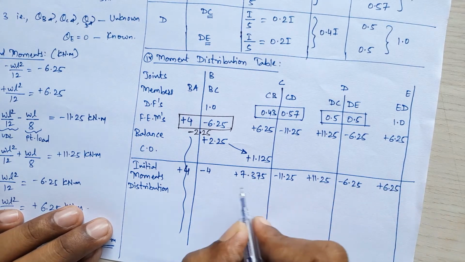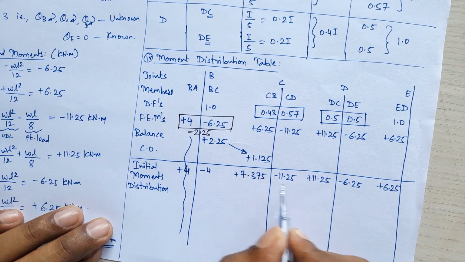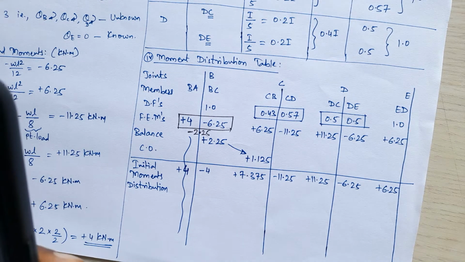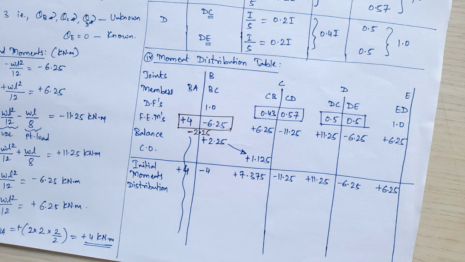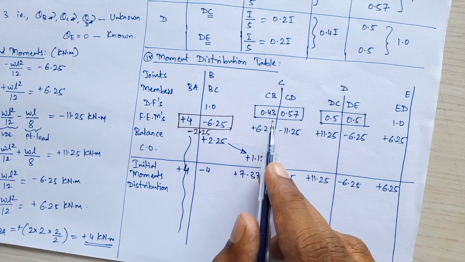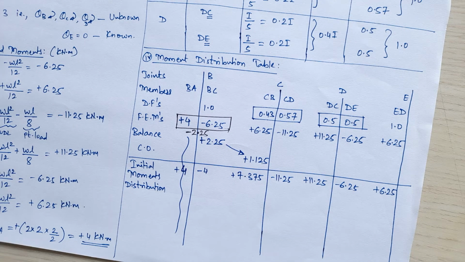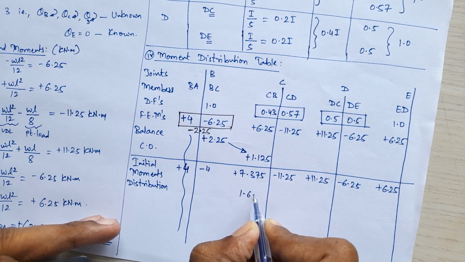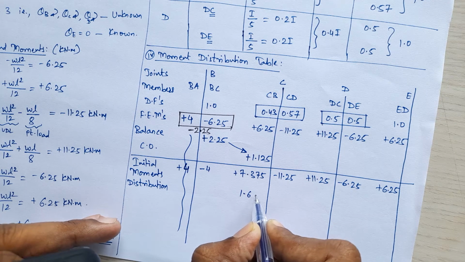You get this moment as 7.375 minus 11.25, which is minus 3.875. Minus 3.875 multiplied by 0.43, you get 1.666.